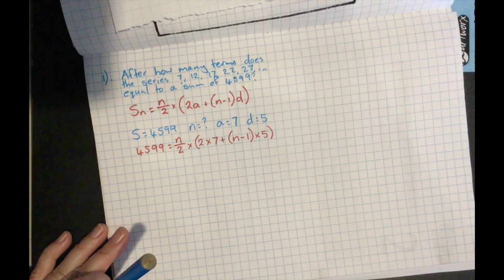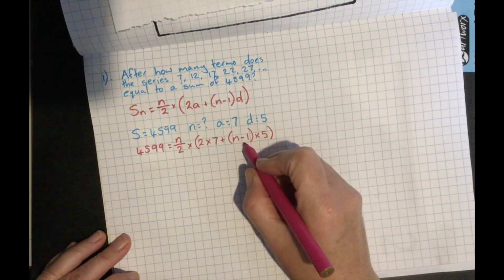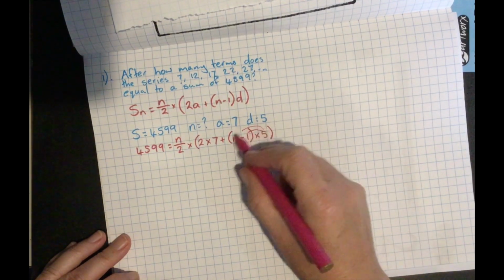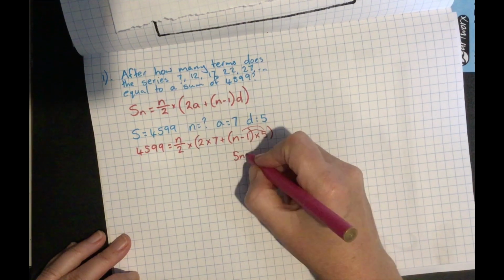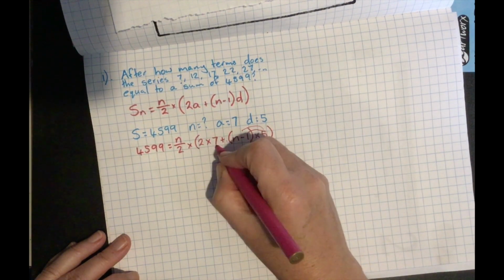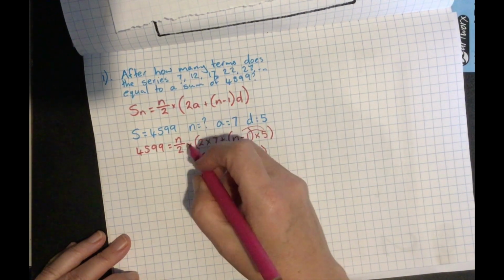Put the brackets around there. Alright, now like always, I tidy up what I've got. Bracket inside a bracket, now I'll have to expand that out. 5 times n is 5n. 5 times negative 1 is negative 5. 2 times 7 is 14. I've got that bracket sorted.